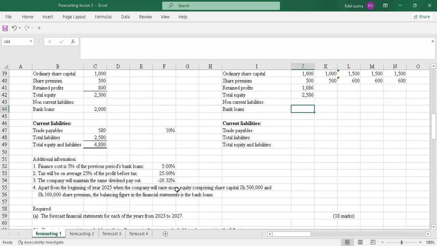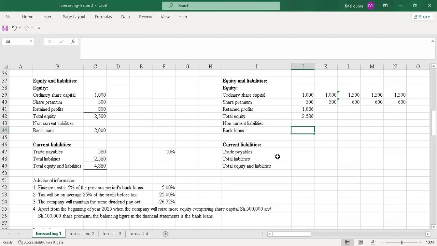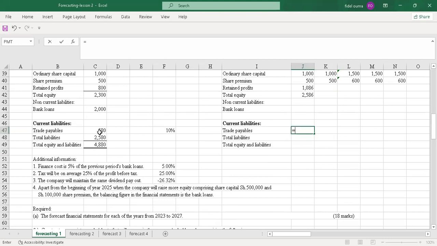We are told that the bank loans is the balancing figure. So I'll leave it. Yeah, I'll leave it. So I just come here and say equals to for trade payables. It was 580. So with the growth rate, it was 580 times 1 plus the growth rate. So I lock it, then I enter.